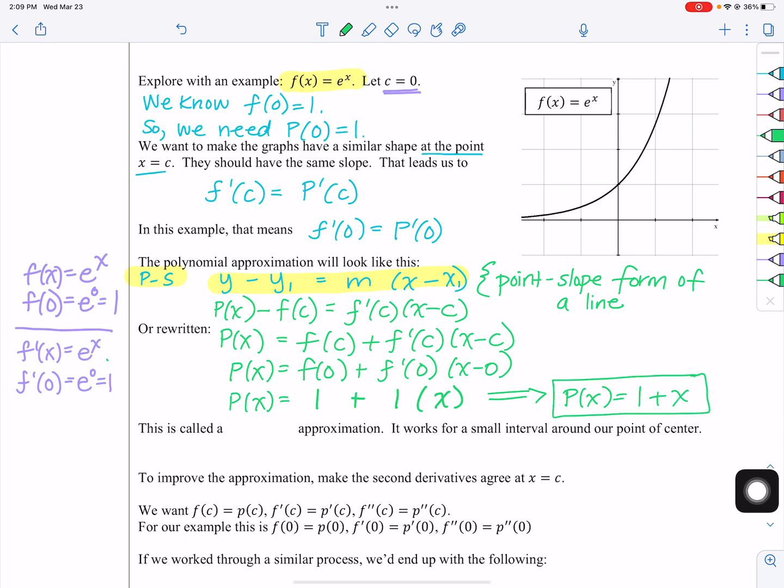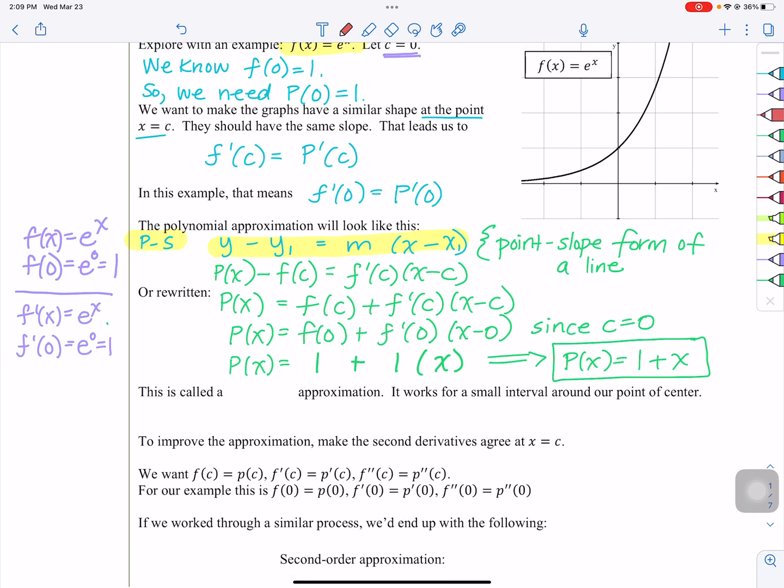And that is the polynomial we will use to approximate f of x, since c was equal to 0. And this is actually called a first order approximation. A first order approximation. And it works for a small interval around our point of center.